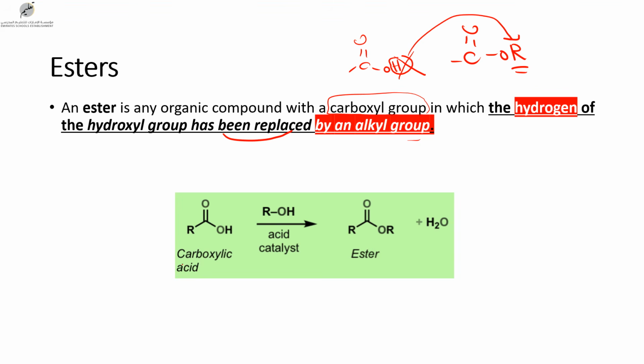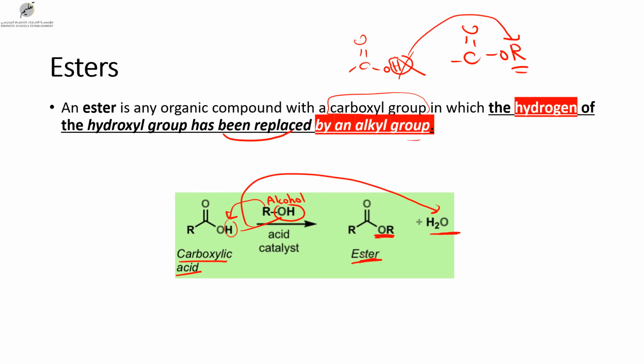So usually when you have a carboxylic acid and it reacts with an alcohol, because this is the general formula of an alcohol, you will have an ester plus water. Okay? So this OH and this H will go together to form water, and this R will take the place of H here. Okay?